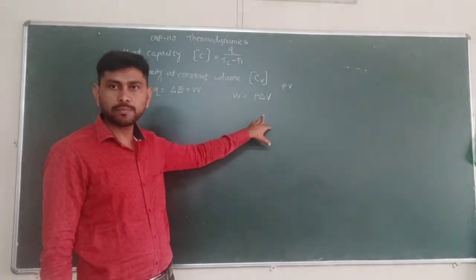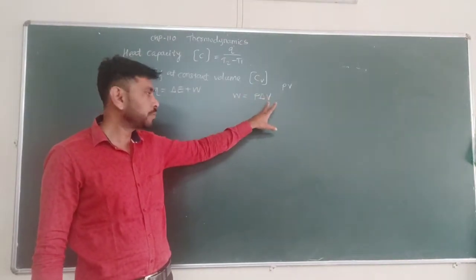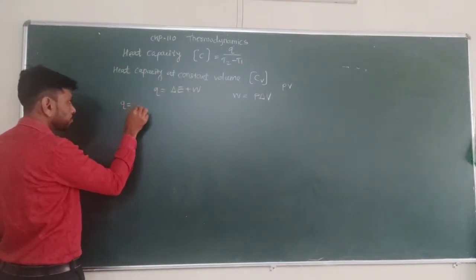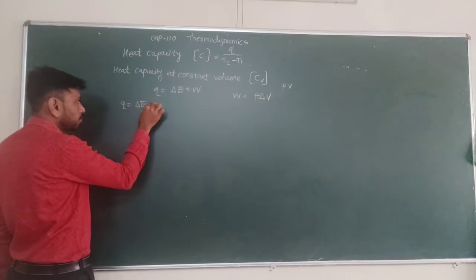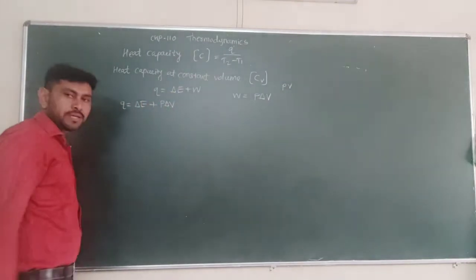So if you replace this term, then Q is equal to delta E plus P delta V.